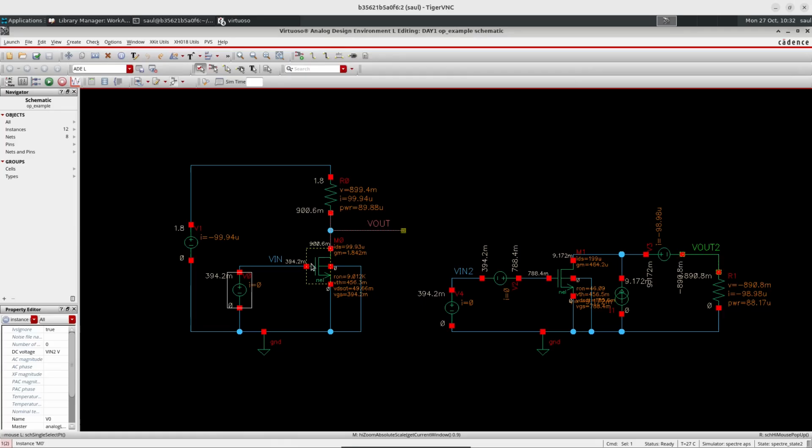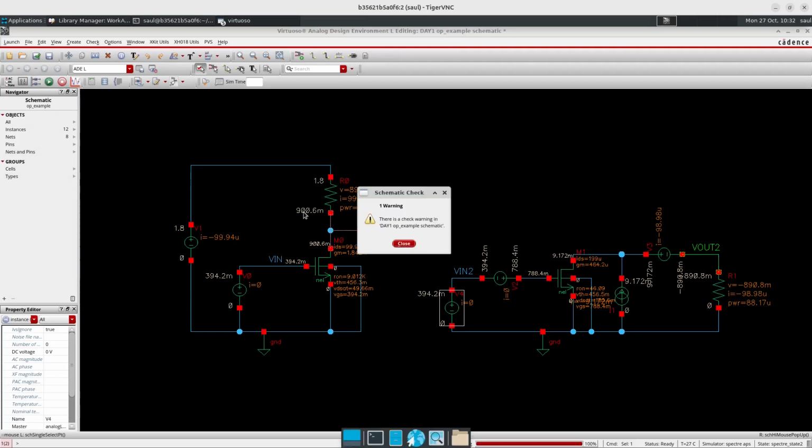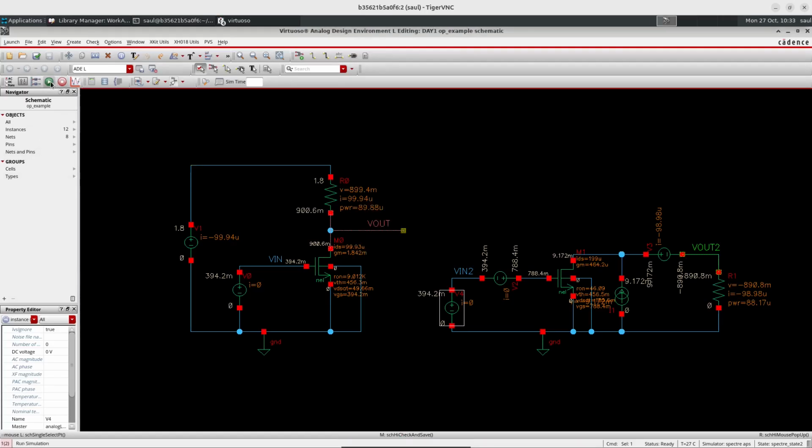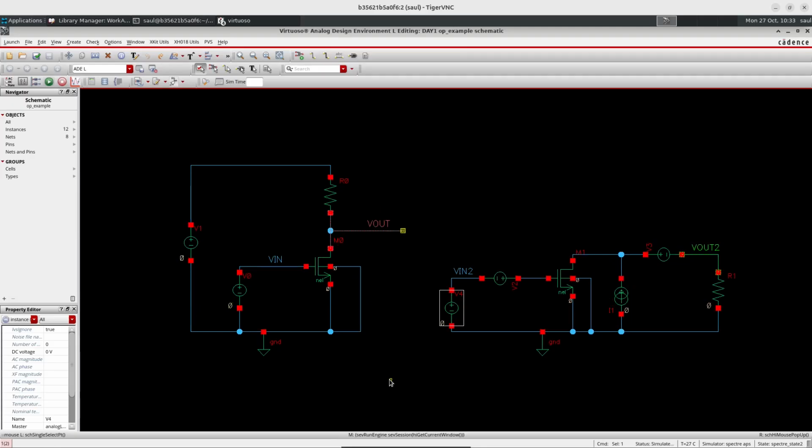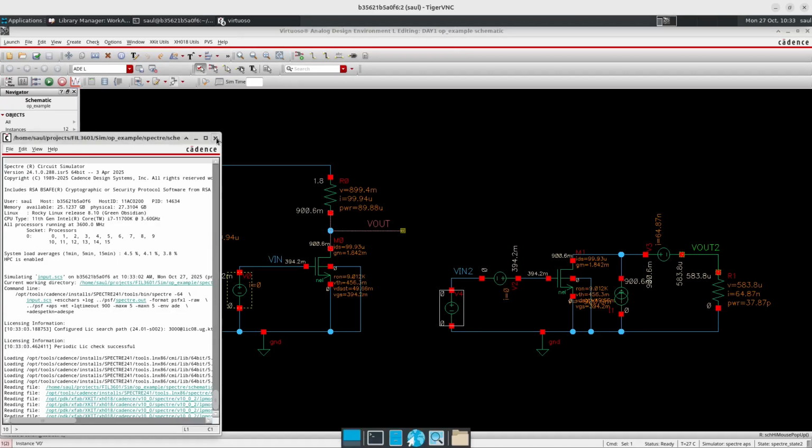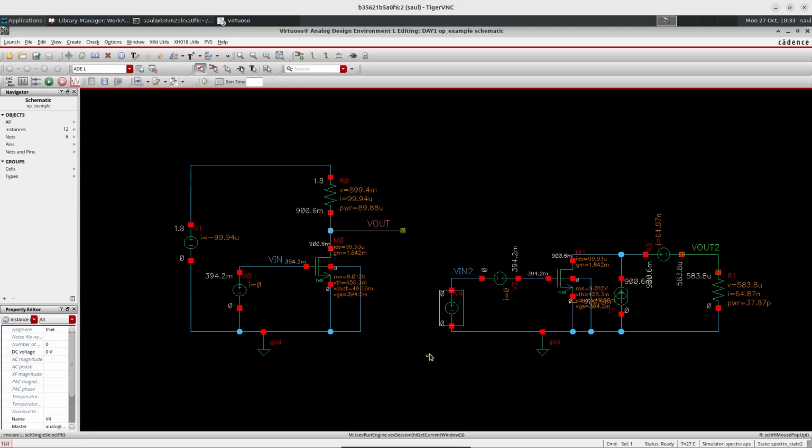I have exactly the same effect if I place this voltage source in series to the gate. This voltage source is 0. This is going to be my signal.